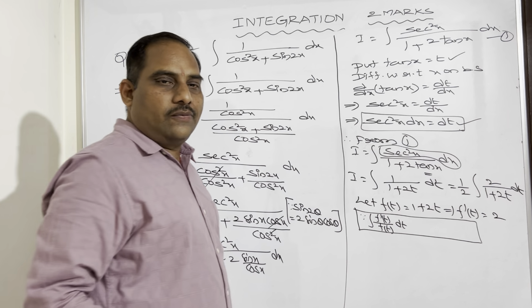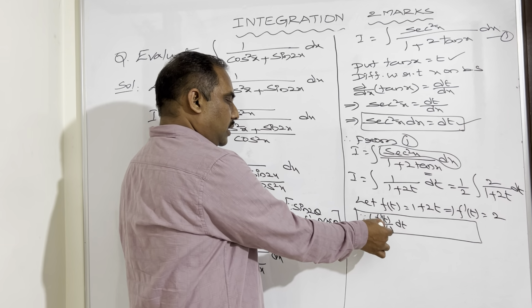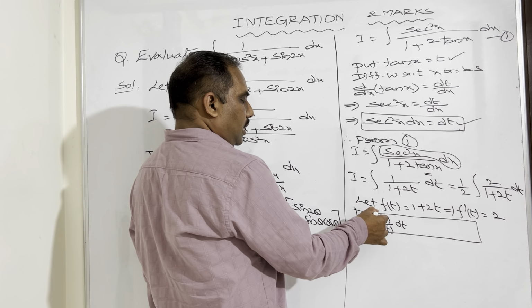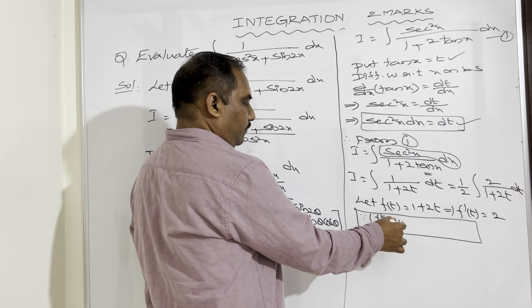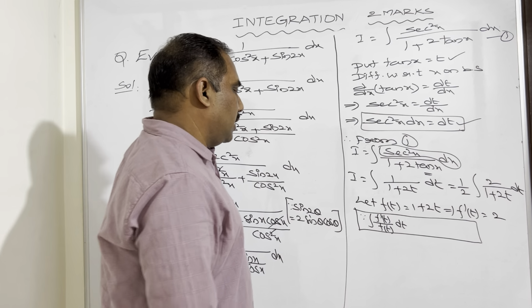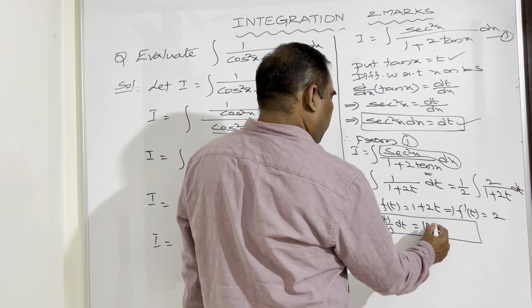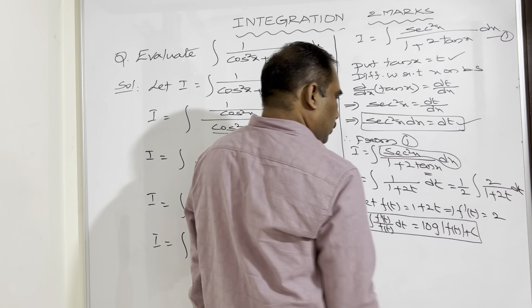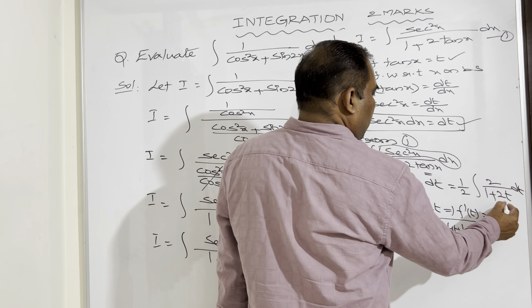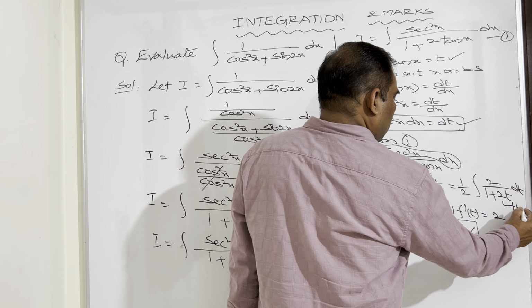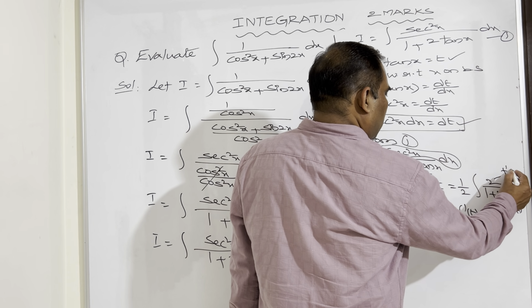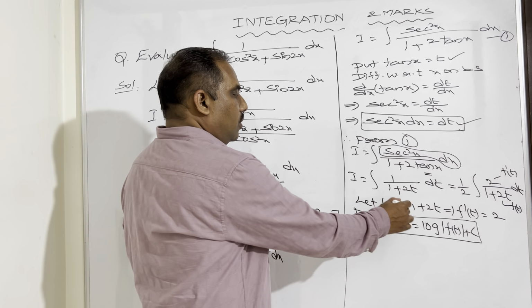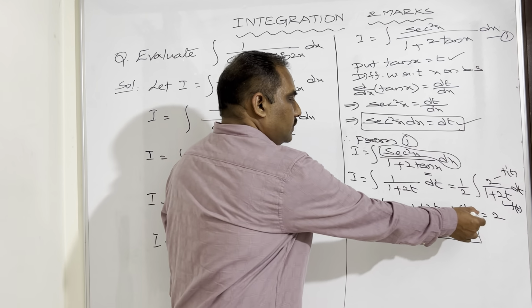Actually we have it in terms of x as f dash of x by f of x dx, but here the function is in terms of t. So we have the formula log mod f of t plus c, where f of t is equal to 1 plus 2t and f dash of t is equal to 2.